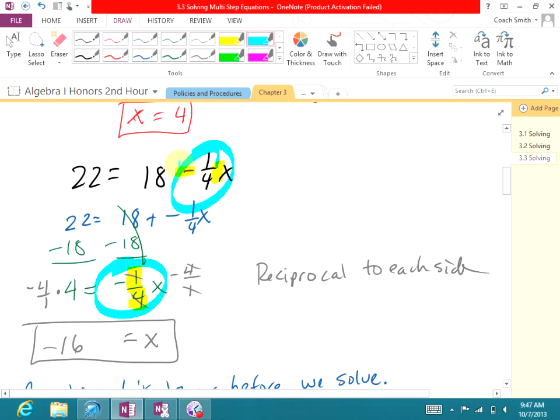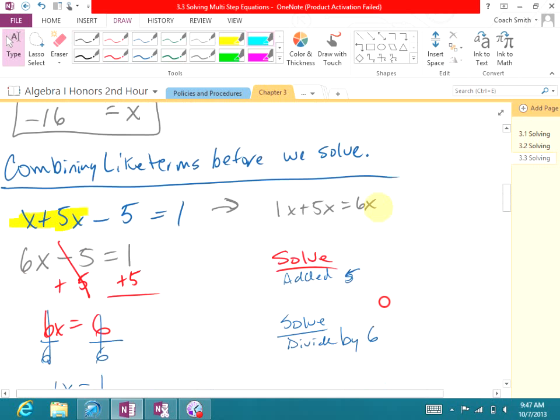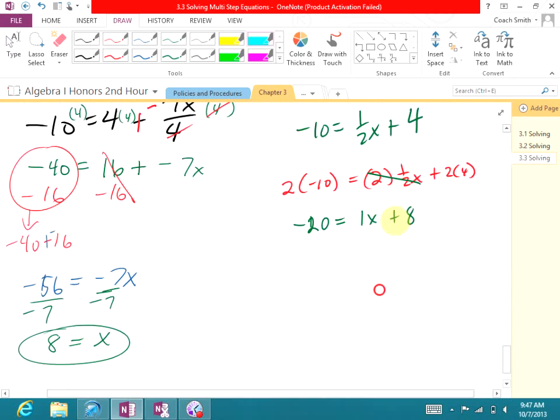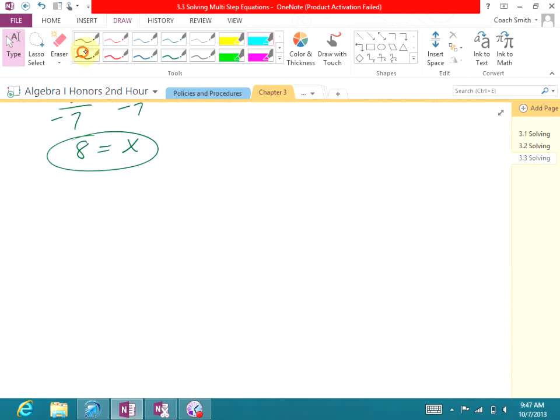So if I wanted to redo that problem, let me take it down here and I'll show you. We had 22 equals, what, 18 minus 1/4 x? Yeah, 18 minus 1/4 x.